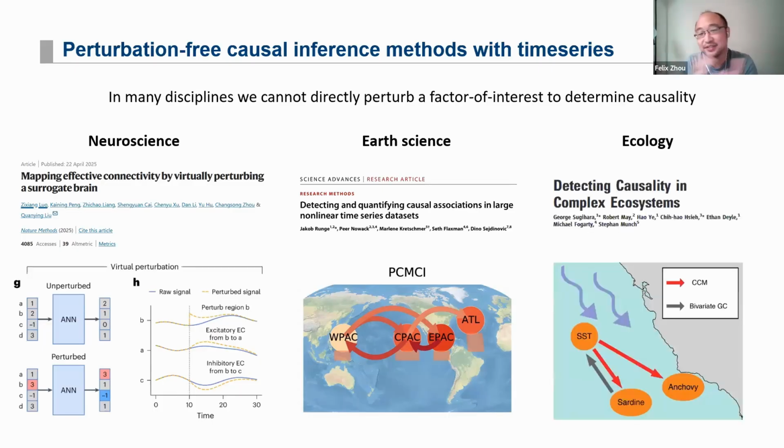And there was a nice case in San Diego, right? A very famous paper by Sugihara observed in the San Diego Bay Area that sea surface temperature changes with the population of anchovies and sardines. And so causal methods were used to see whether anchovies are related to sardines or are actually correlated to sea surface temperature.